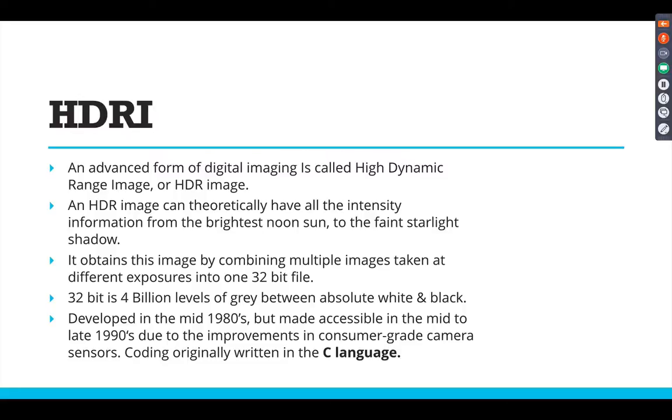Why do we want to do that? Why don't we just use either a Targa or a TIFF or a JPEG or a PNG? Well, the reason is because a high dynamic range image can theoretically contain all the exposure information from the darkest, dimmest candle or, I guess, starlight up until the brightest sun at noon that we have.